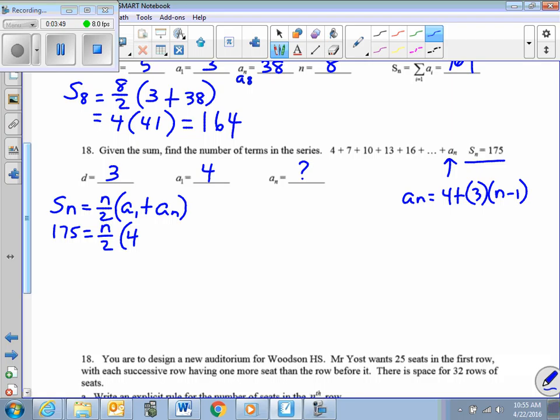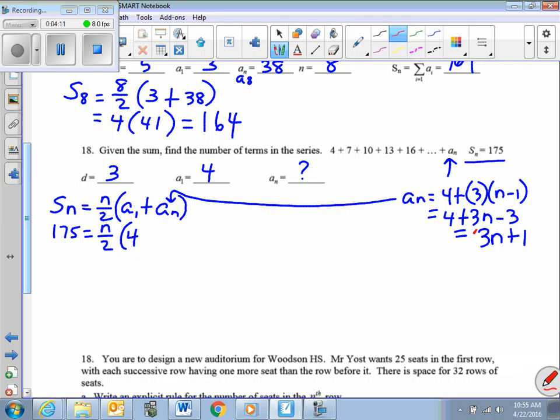So when we do this, guys, and we plug a sub n in right over here, that's going to get rid of the second unknown that we have in this equation. So let's simplify this. We got 4 plus 3n minus 3. So a sub n is 3n plus 1. We'll highlight this, 3n plus 1. So we're going to put that right here, 3n plus 1.